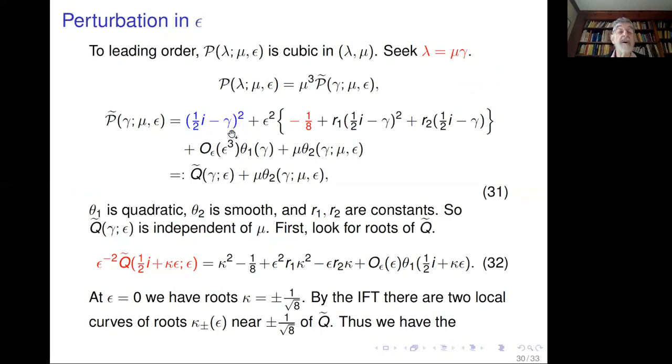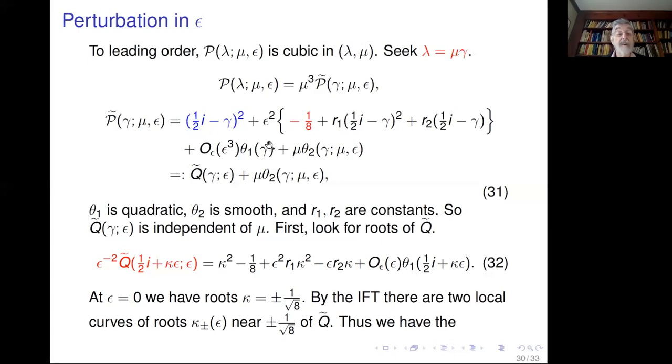And the blue term only gives you an imaginary root when you put this equal to 0. But look at this term here. If we totally neglected all the black terms, and you set this equal to 0, you'd get gamma equals 1/2 i, times the square root of 1/8 times an epsilon.